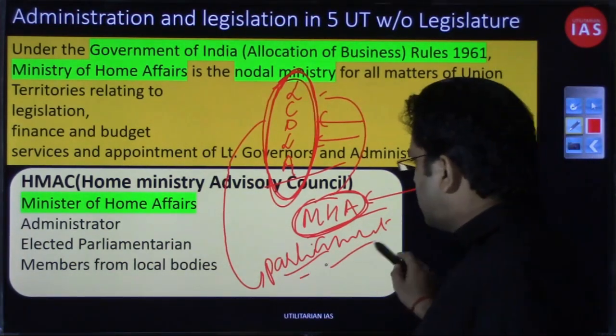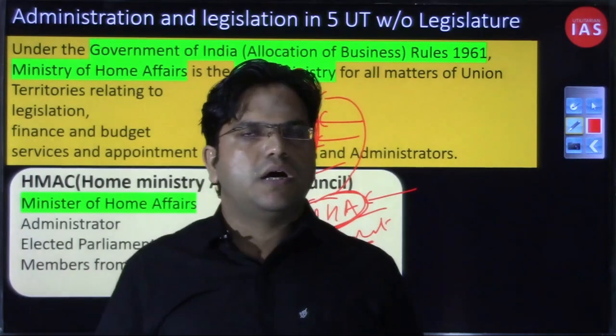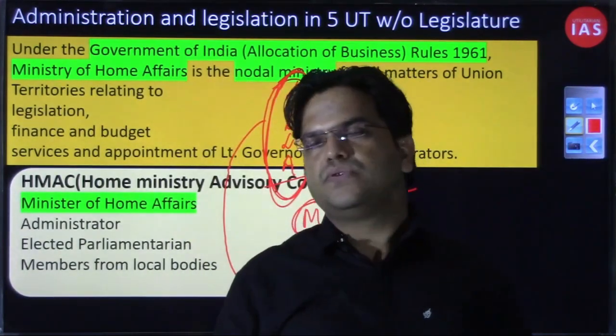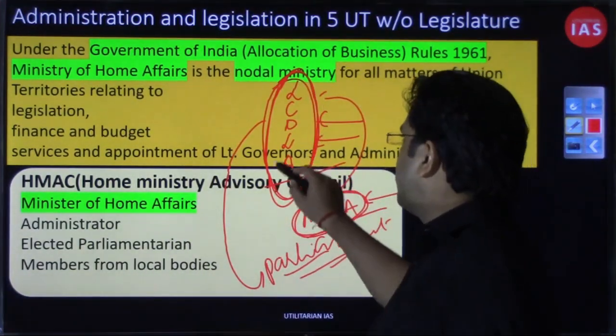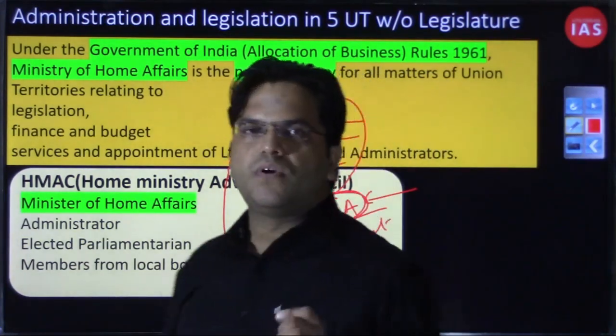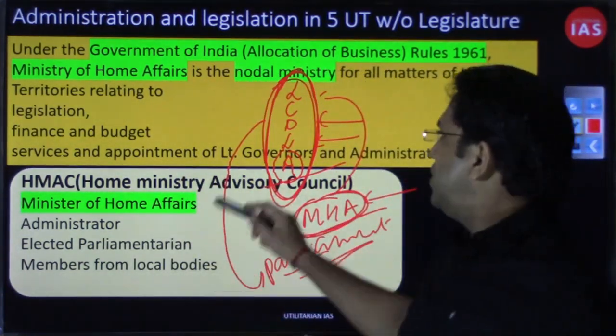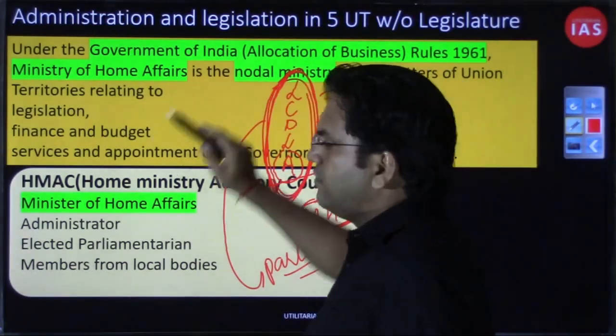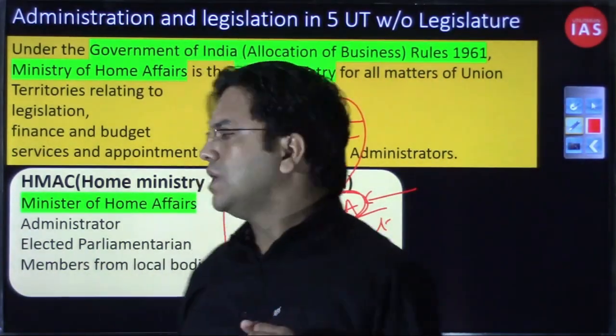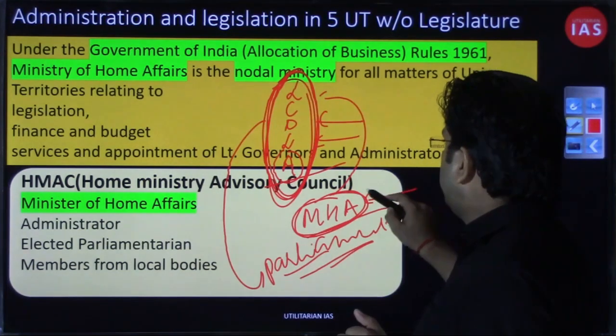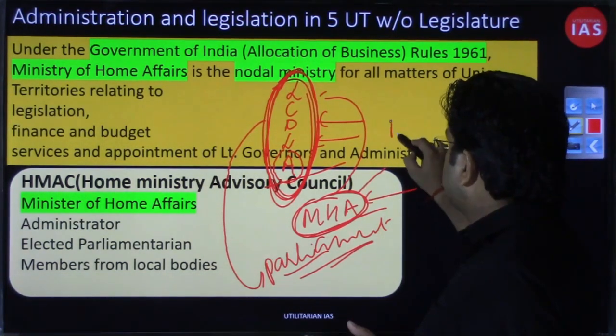And this is not regarding only legislations. As far as budget passing is concerned, if these union territories need any kind of finances, the budget outlays for these 5 union territories will be introduced into Parliament, and that will form part of the demand for grants for the Ministry of Home Affairs.